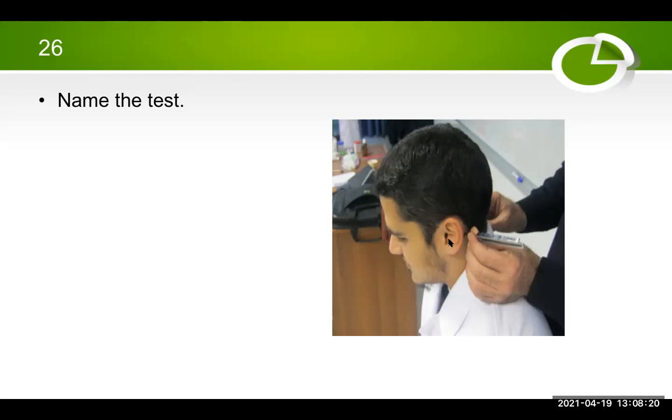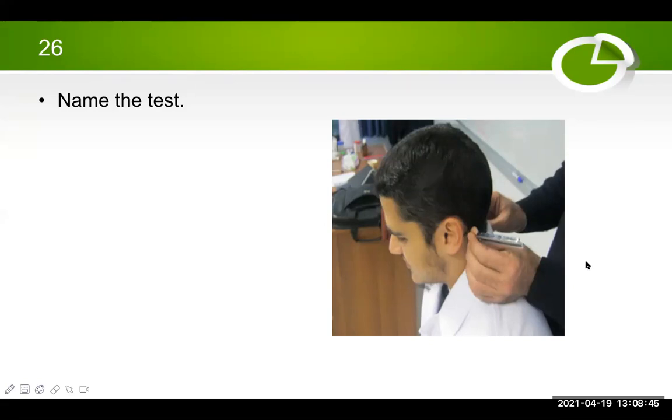But in conductive hearing loss, bone conduction will be better than air conduction. This is known as Rinne negative test. So these are the different interpretations you can make.